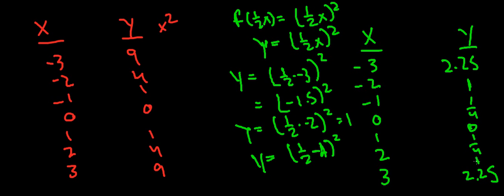This is sometimes a little bit more difficult for some people to understand, why this is causing a horizontal stretching or compression. But basically, it is as if we're taking the function value of a different number.